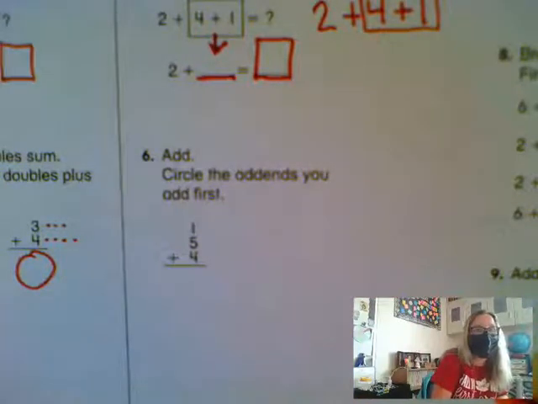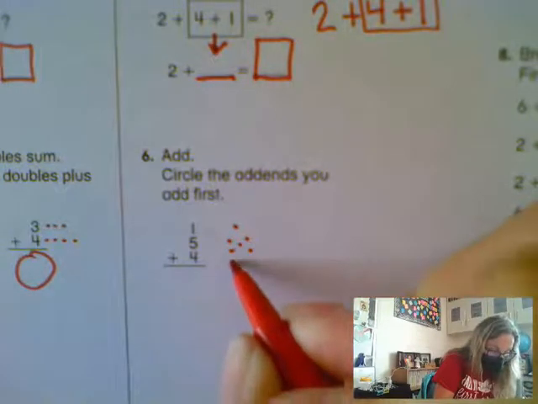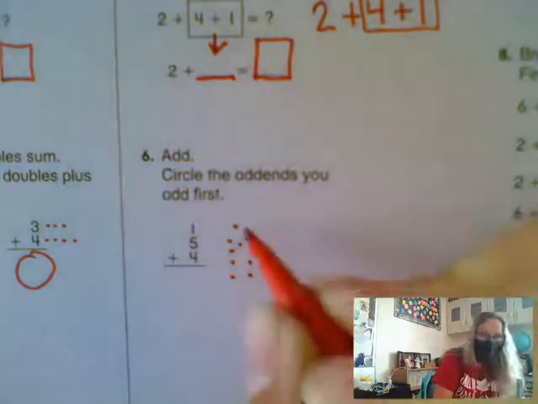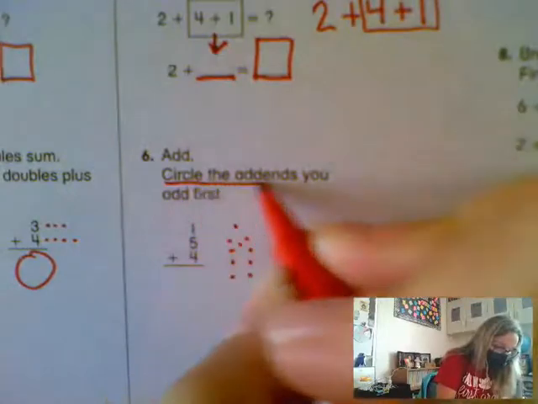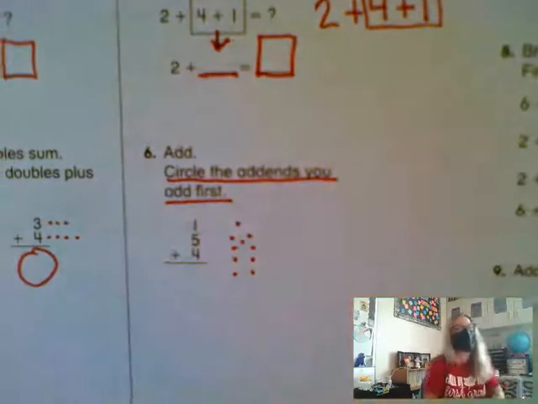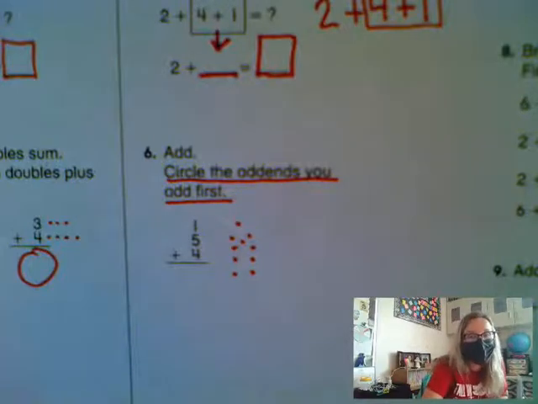Pick 2 you want to add together first. And if it helps you to draw them out, 1, 2, 3, 4, 5, and 1, 2, 3, 4, and then count them up, go ahead and do that to get your sum. Just make sure you circle the add-ins you add first. If you don't do that, you'll lose half a point. So make sure you circle those add-ins.